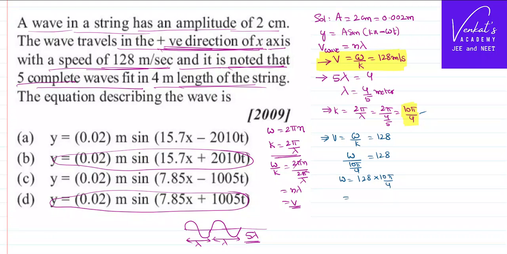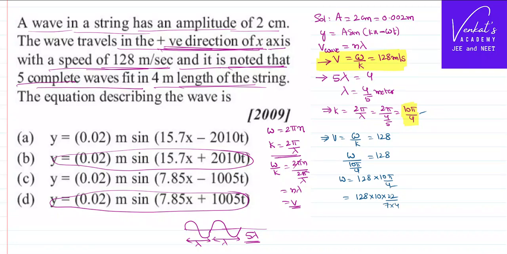So if you calculate that value, how much will it be? Omega can be found. What's the value of omega? 128 into 10, pi is 22 by 7, and then 4 is there.